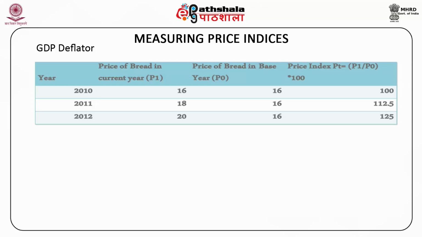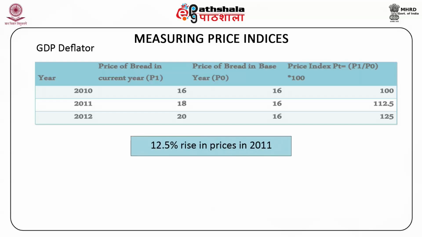In the base year, the price index will be 100. In fact, the price index in the base year is always 100. The index rises to 112.5 in the year 2011, indicating that the prices are 12.5% higher in 2011 as compared to 2010.